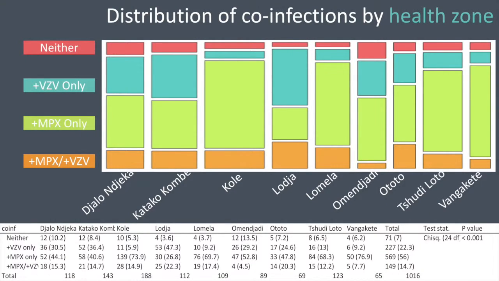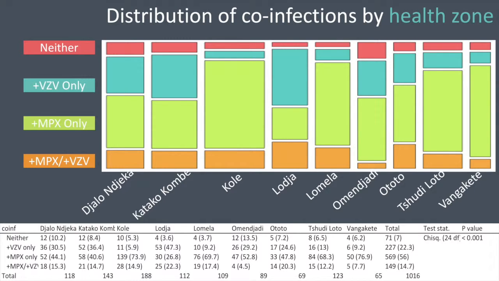I looked at the distribution of co-infections by health zone. A simple chi-squared showed that these variables are not significantly independent, which means there is a lack of independence, but we don't know exactly what.